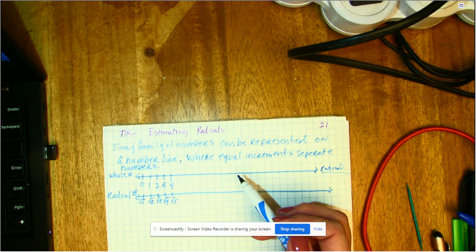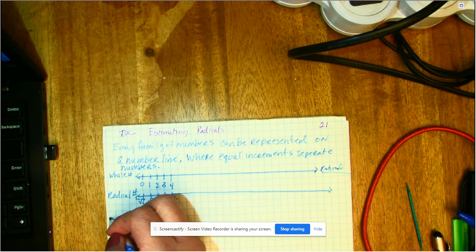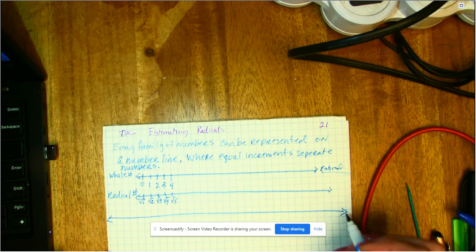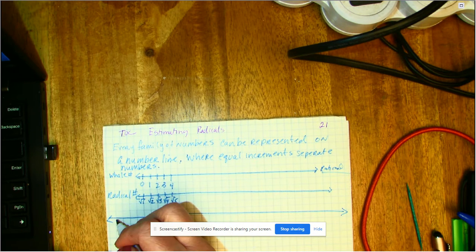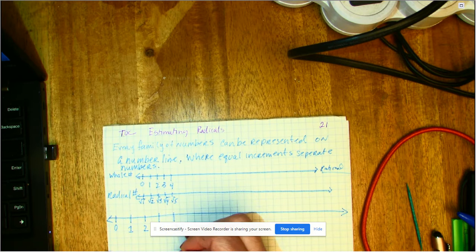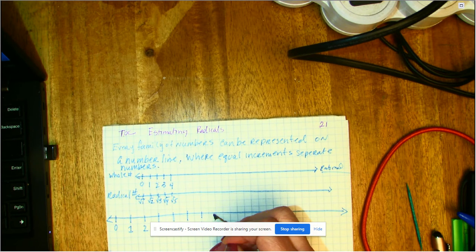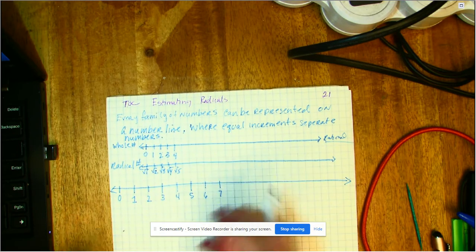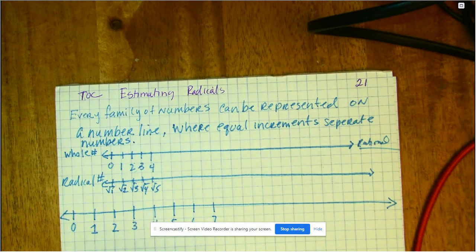So when I think about lining up these numbers, I'm going to put a little bit more increment between here. So if we say this is 0, we're going to say this is 1, 2, 3, 4, 5. You notice the same equal amount distance between the numbers, 6, 7, etc. And I wanted to match them up with their radical counterpart.